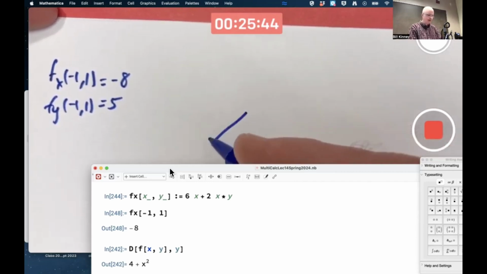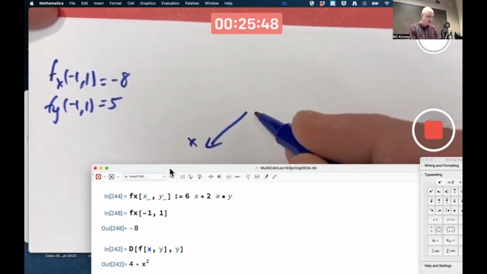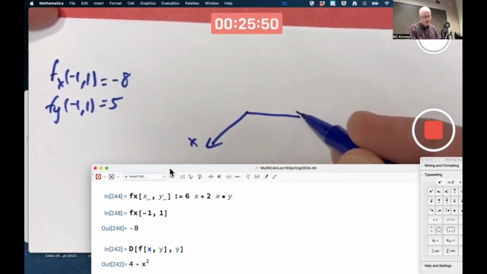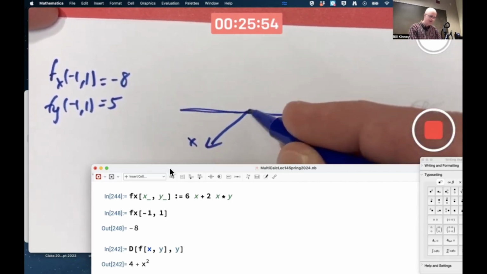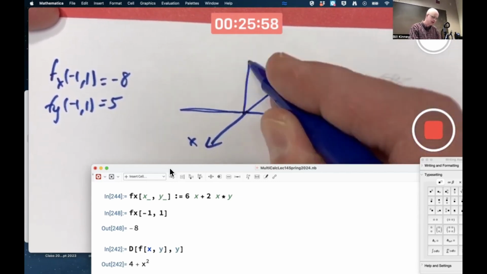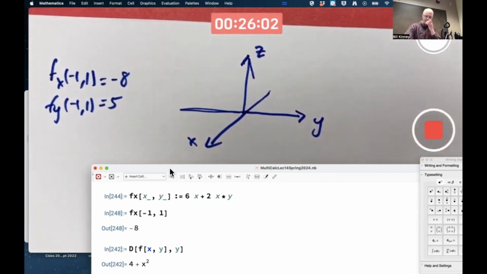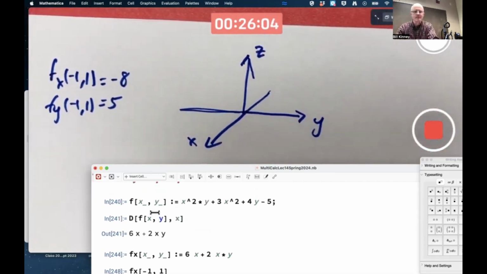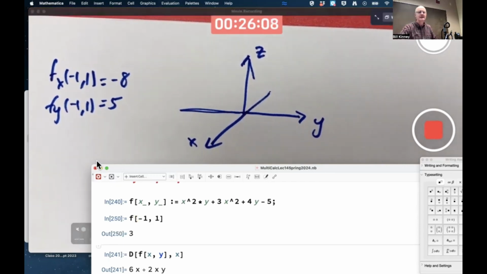I would do my typical thing of making the positive x-axis come out of the screen at you and make the positive y-axis go this way, negative x-axis going into the screen, positive z-axis going this way. Well, I also should figure out what the function value is at -1, 1. f(-1, 1) is 3.